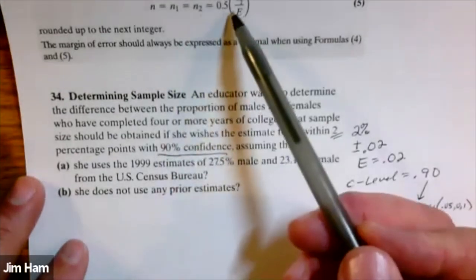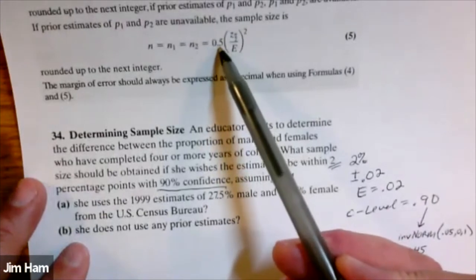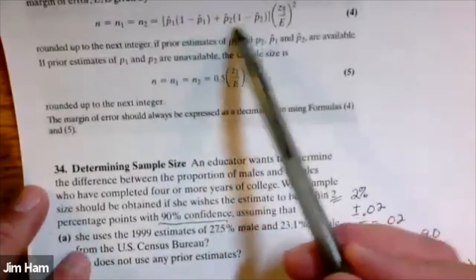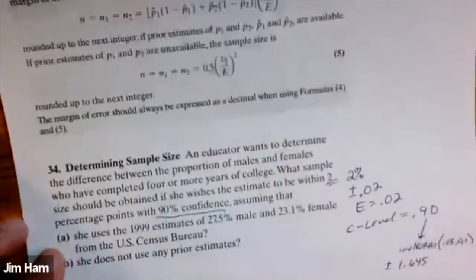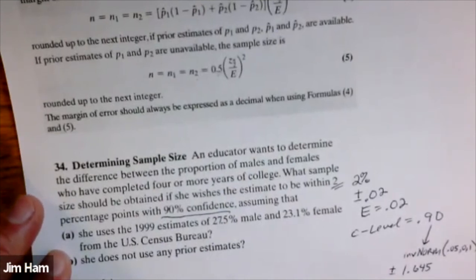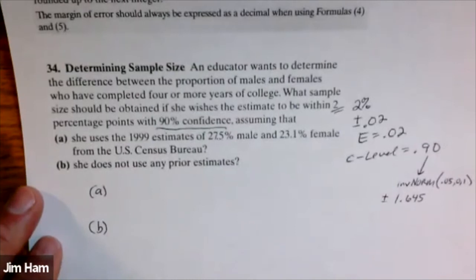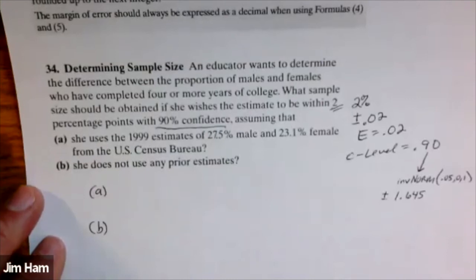If we don't have a previous P1 hat and P2 hat, we're just going to use 0.5, and if we do, then we're going to use this one here. So in part A, and I'm kind of out of time here, so I'll finish this up and put it in the notes so that you can see it. If you want to stay around, you can stay around and write this down as well.